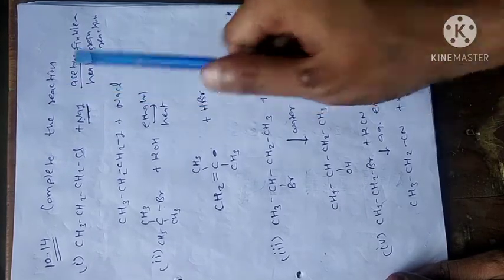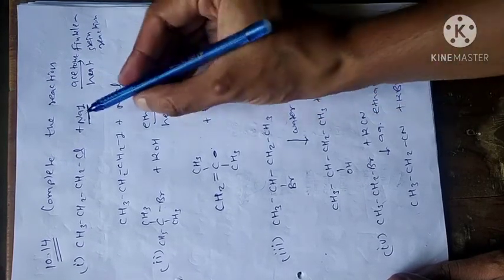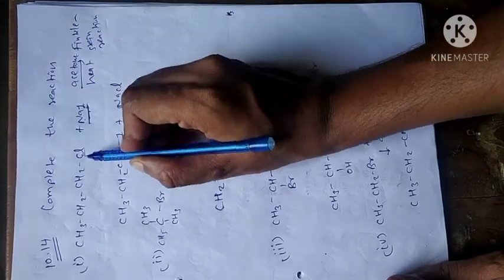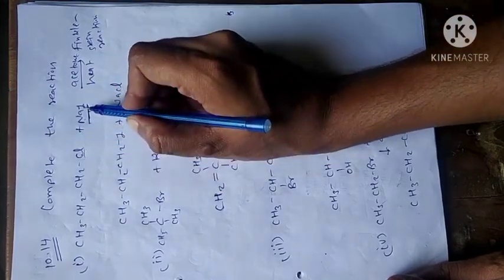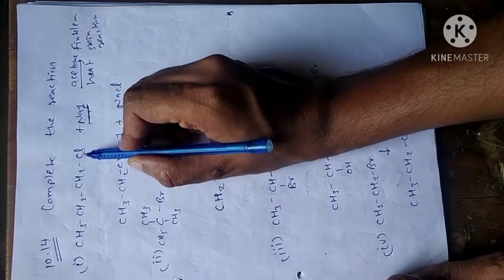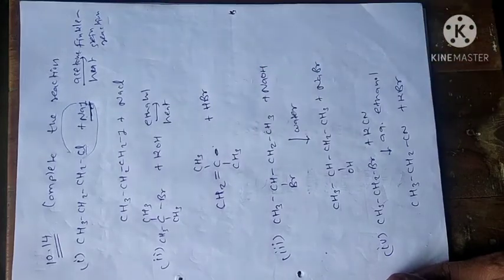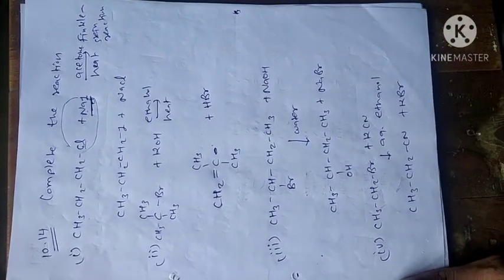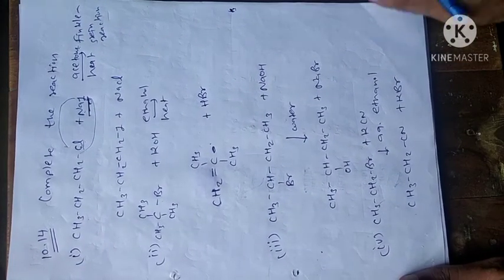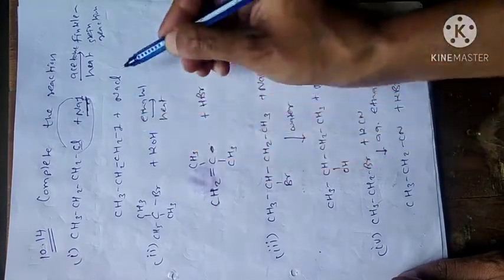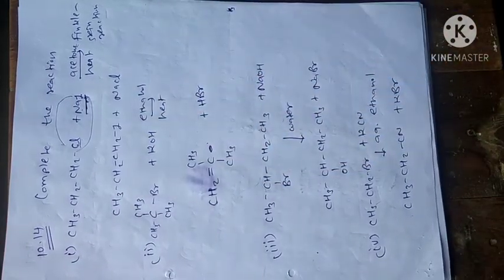Okay, in that what we get as product, iodine will replace chlorine here. Exchange of halogen. Just remove Cl to this side and iodine to this side, so it is halogen exchange reaction. So our product will be iodopropane plus NaCl.